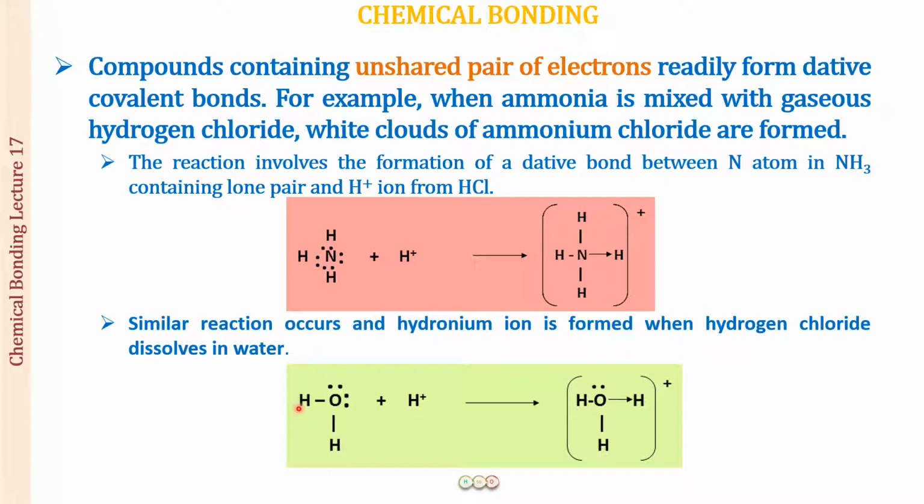We see in the water molecule, after forming 2 bonds with hydrogen, oxygen has 2 lone pairs of electrons, and this is 1 lone pair of electrons. It is going to share it with this H positive ion to form a coordinate bond between oxygen and hydrogen, and hence we will be getting the hydronium ion. Okay, fine. I hope this is clear to you.